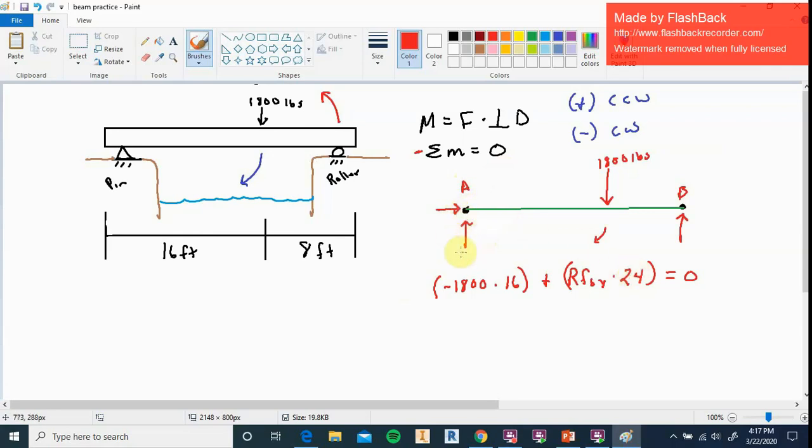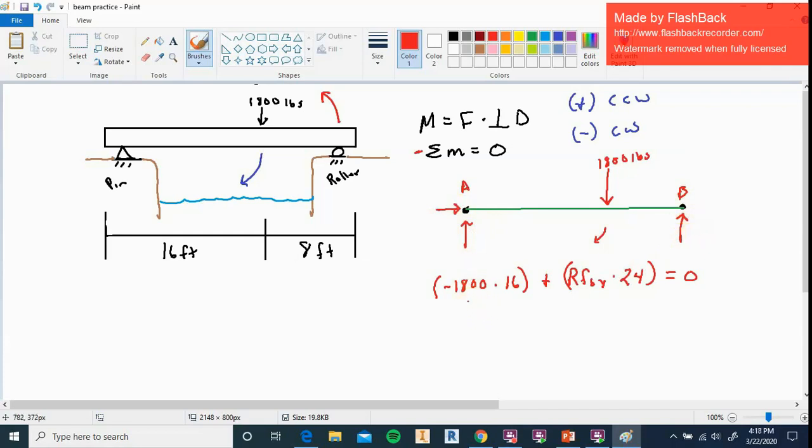So therefore it has no moment. It's not causing any rotation. Same thing with this. Its perpendicular distance from A is 0, so it would not have a moment either. So using the pin support as your rotation helps to eliminate some unknowns so that we can focus on the roller support and solving for it over here.